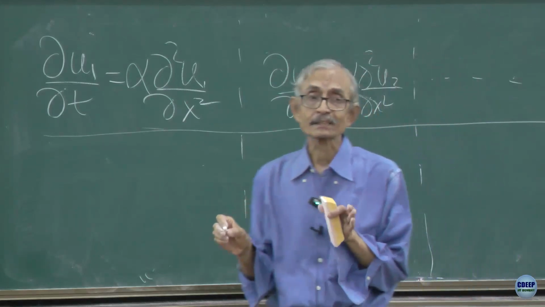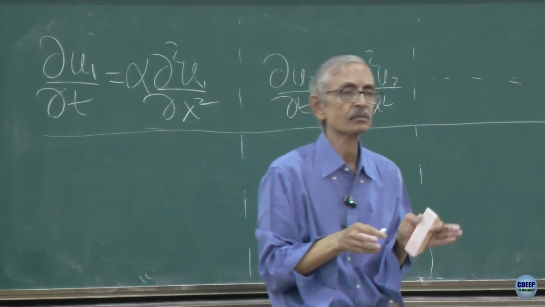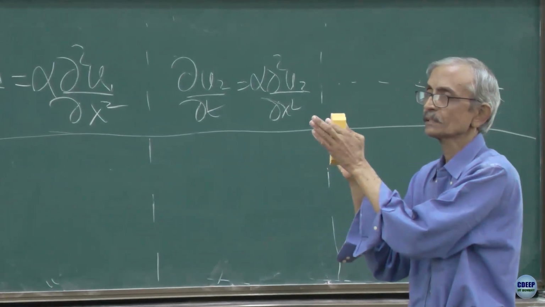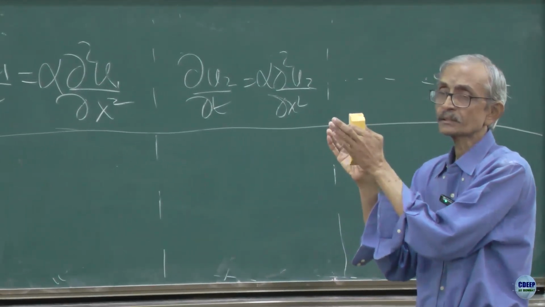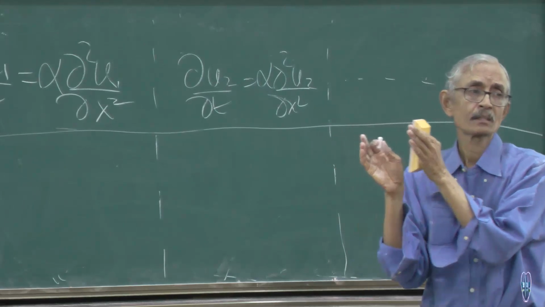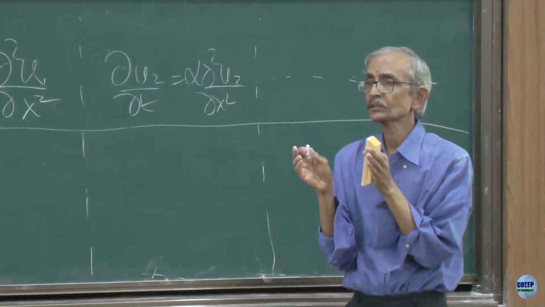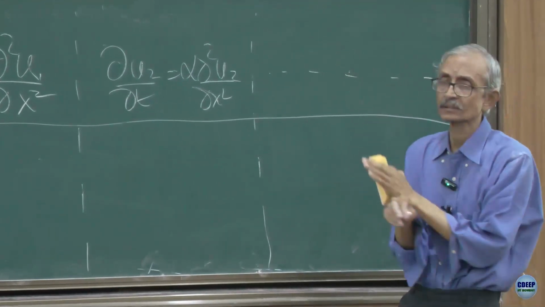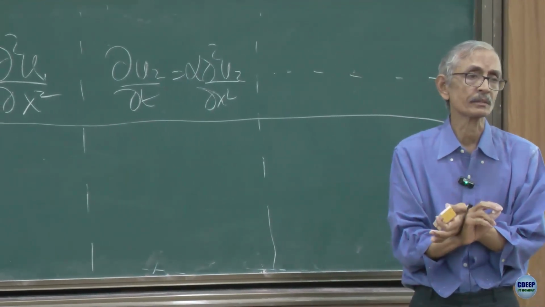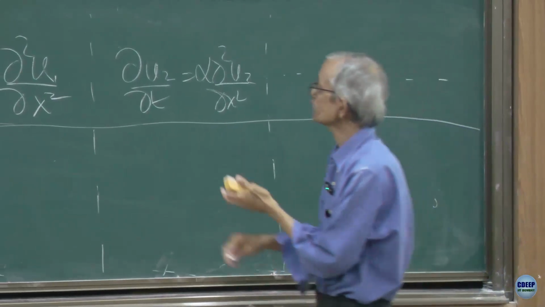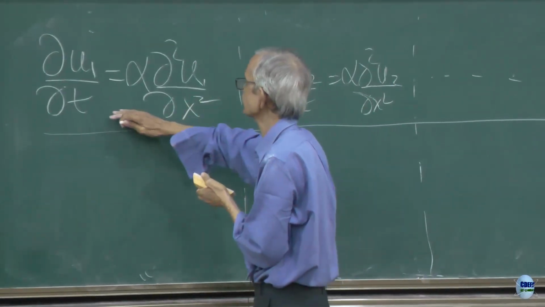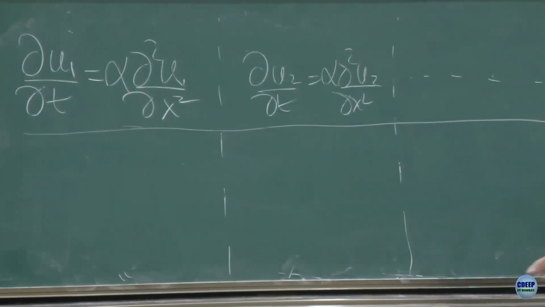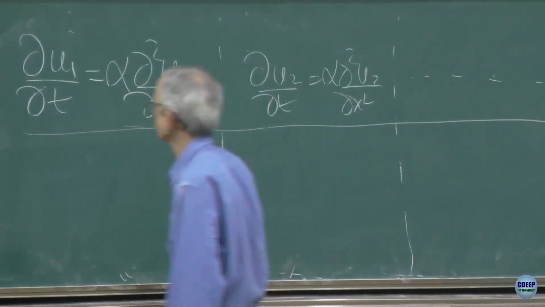But I should also make sure, if I want to get a solution for that, to do what? To make sure that the boundary conditions are also consistent with the original equation. Okay? So I need to make sure that this u1 plus u2 business is also applied to the boundary conditions.